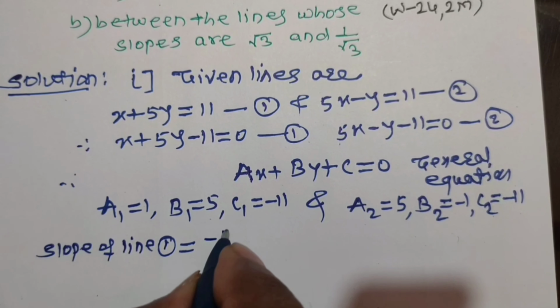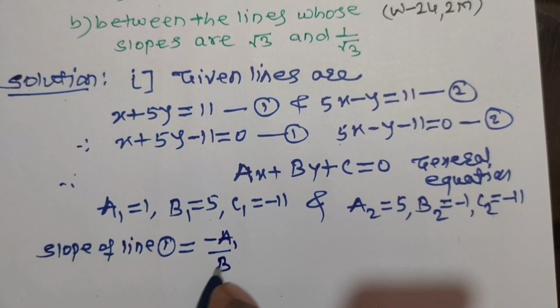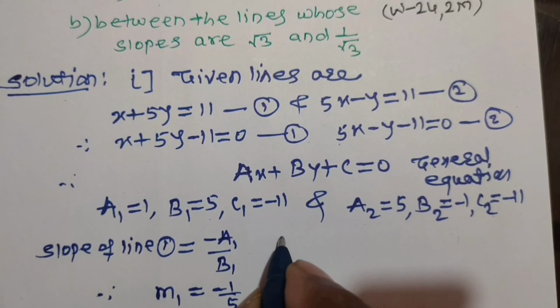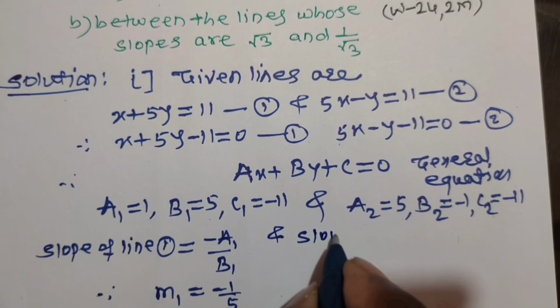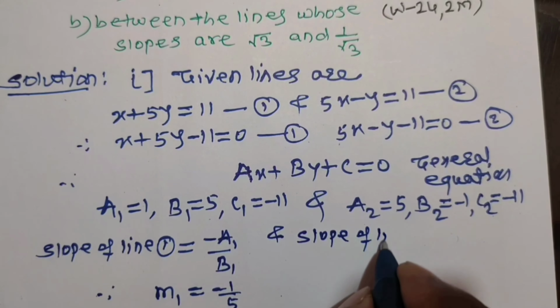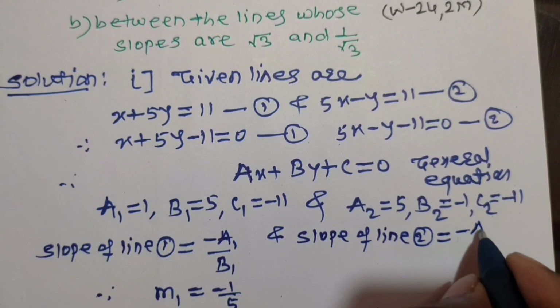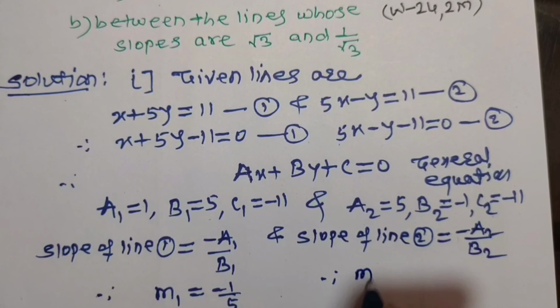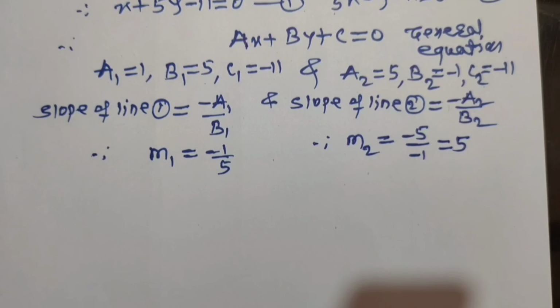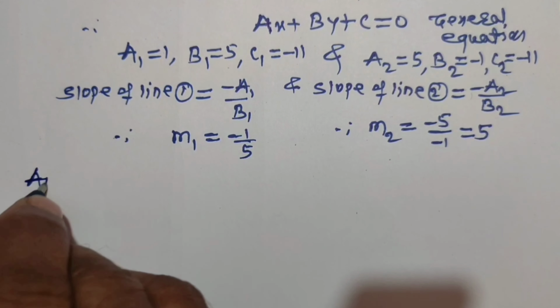So slope of line 1 is equal to minus a1 divided by b1, which is m1 is equal to minus 1 upon 5, and slope of straight line 2 is given by minus a2 divided by b2, but you know a2 is 5 and b2 is minus 1, hence slope m2 is equal to minus 5 divided by minus 1, and after simplification it becomes 5.